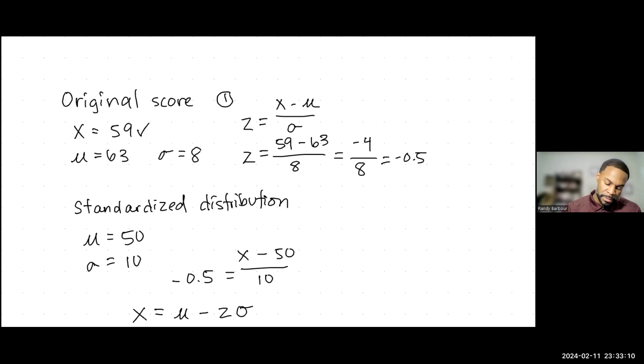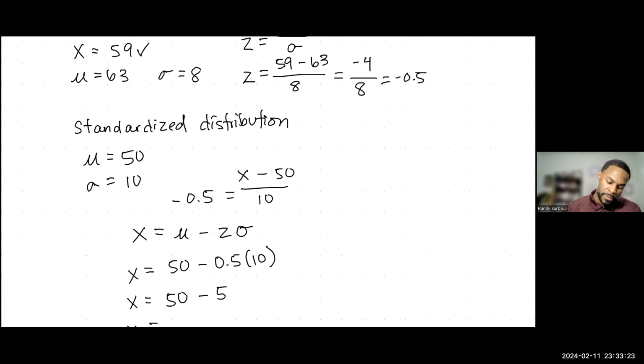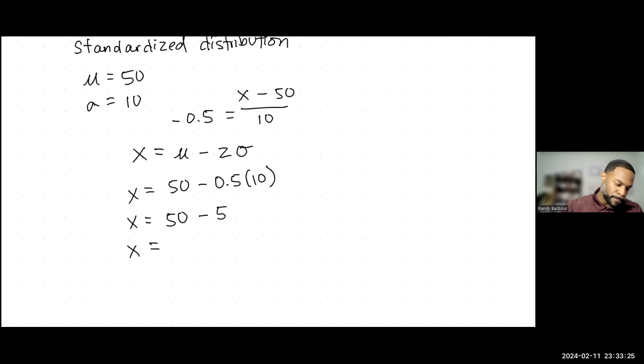That is x equals 50 minus 5, which is 45. That should be the answer, and that is how you would work that out.